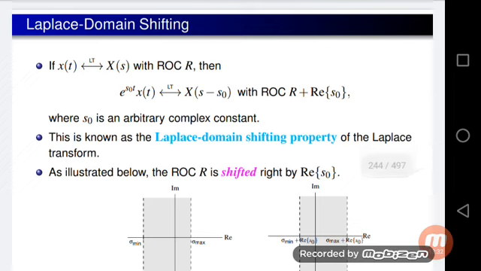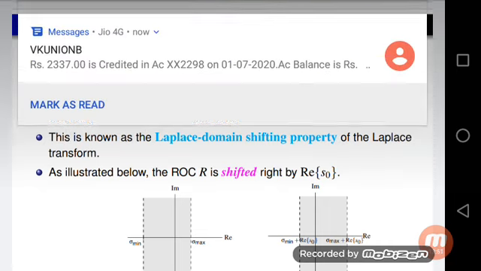In Laplace domain shifting, when we are replacing s with s minus s naught, where s naught is an arbitrary complex constant, this is known as the Laplace domain shifting property of the Laplace transform.